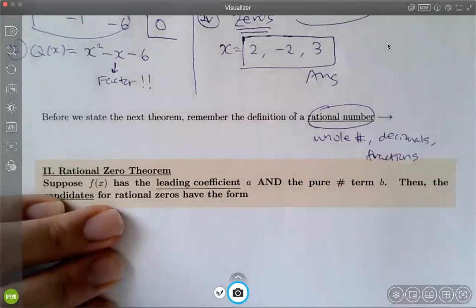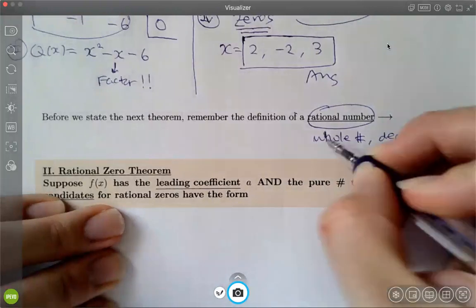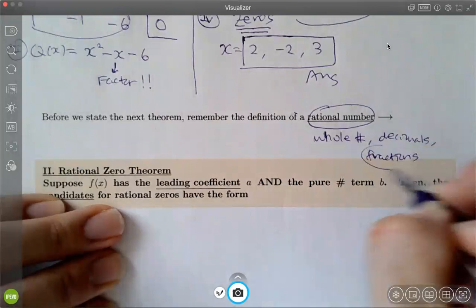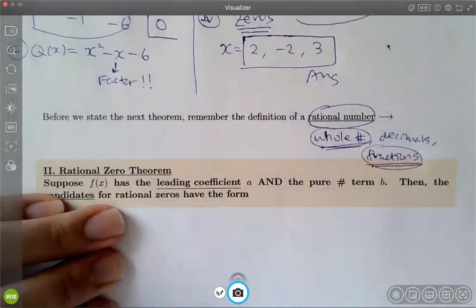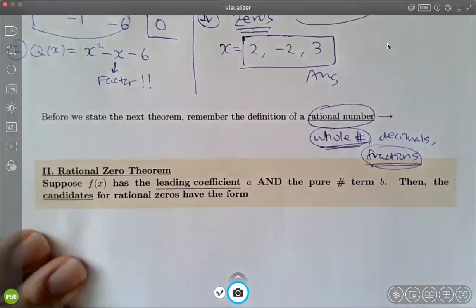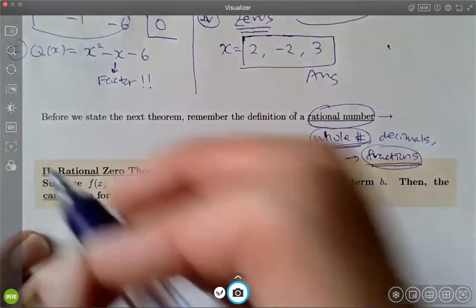Now, what we will focus on is these two cases, whole numbers and fractions, not decimals. So it's mainly the fractions. And it leads to this next theorem, the rational zero theorem.